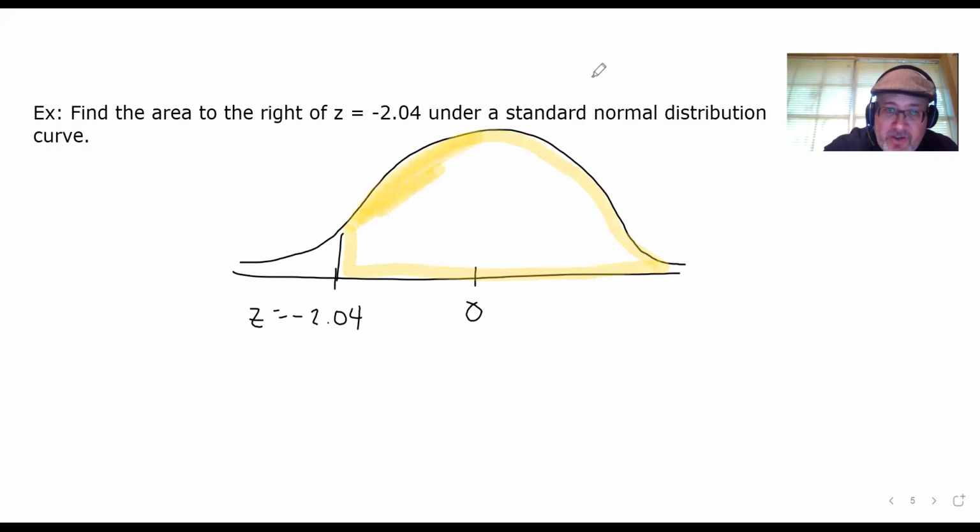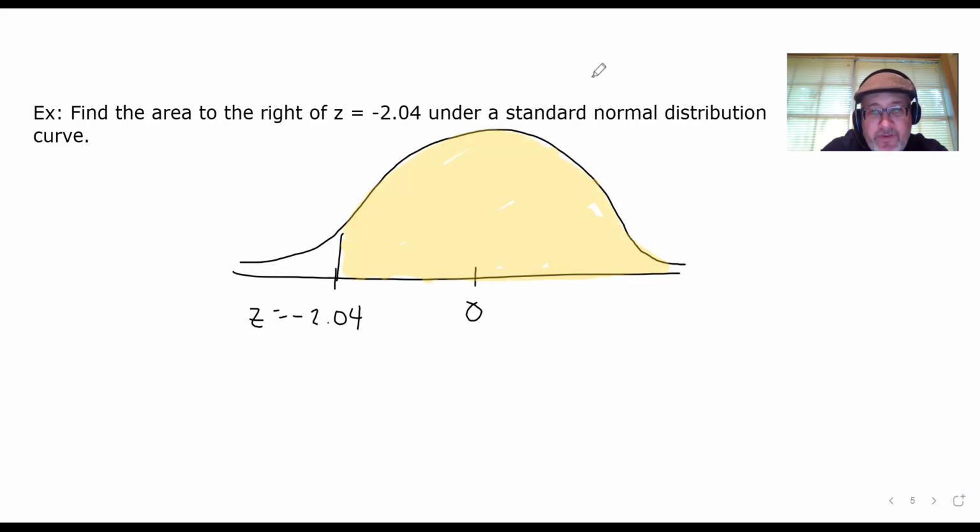Now, one thing I meant to mention in the previous example, but I didn't, so we'll do it now. If you draw this picture, you can go ahead and get an idea of what the answer might be relative to the center of the curve. If we cut this curve in half, there's exactly 50% of the area on each side. Do you expect the yellow area to be greater than 50% or less than 50%?